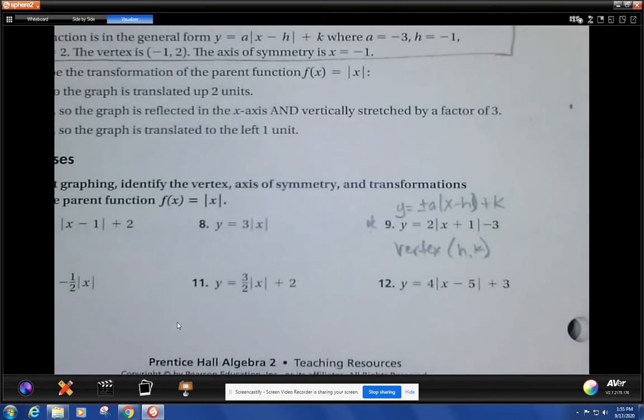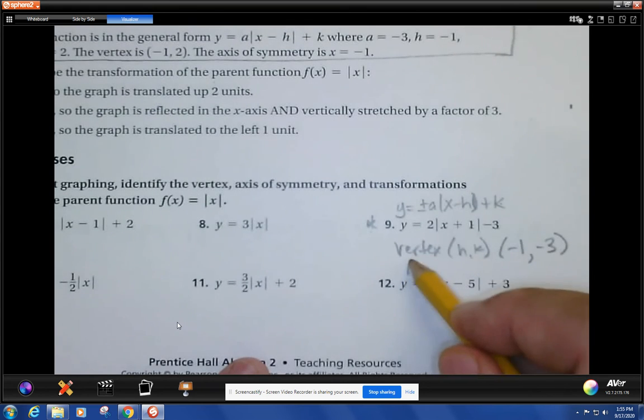You're going to get that in your head by the time this is all said and done. If I look at this, I see that I have a positive 1 right here. Now again, what do we already decide? If this is a positive 1, we know that it has to be the opposite. So my vertex is going to be negative 1, and my k value is a negative 3. So that means my vertex is going to be negative 1, negative 3.